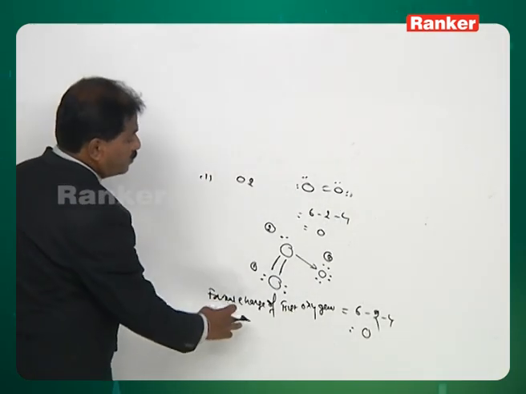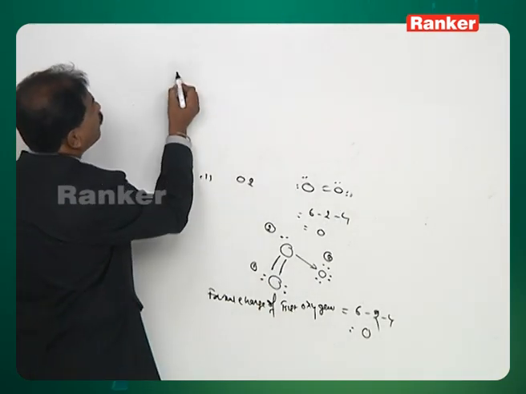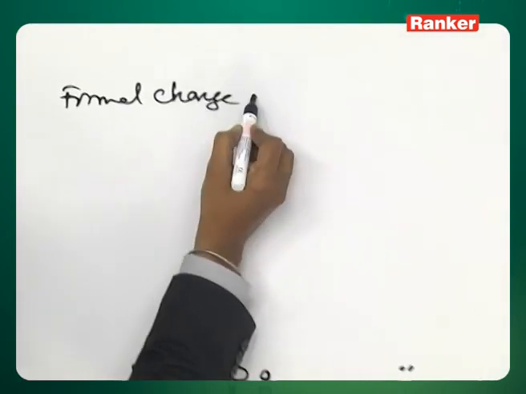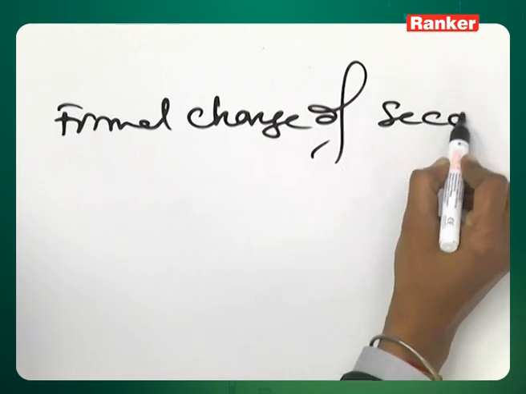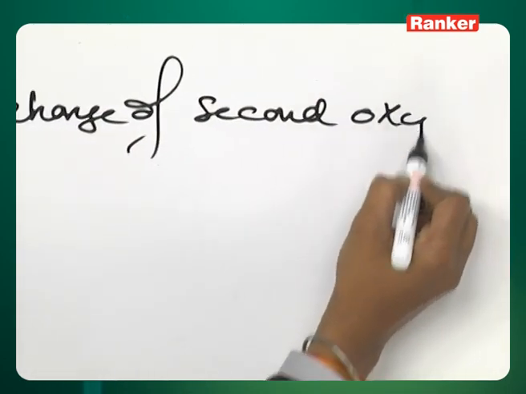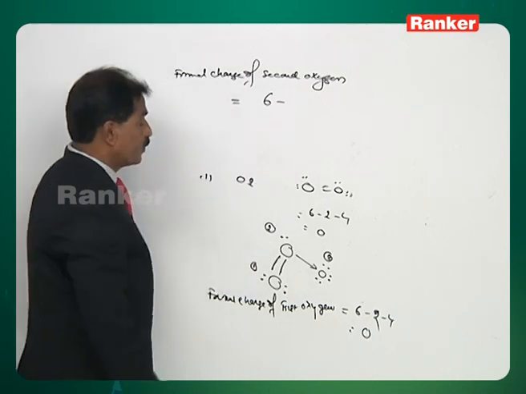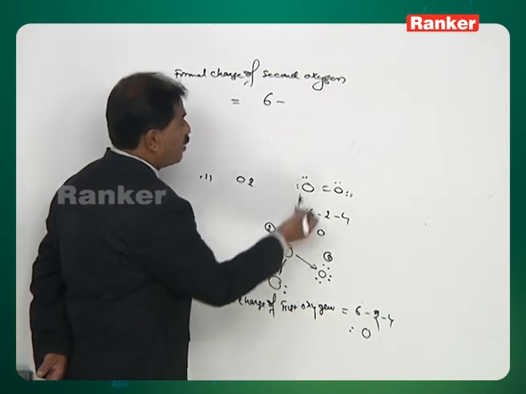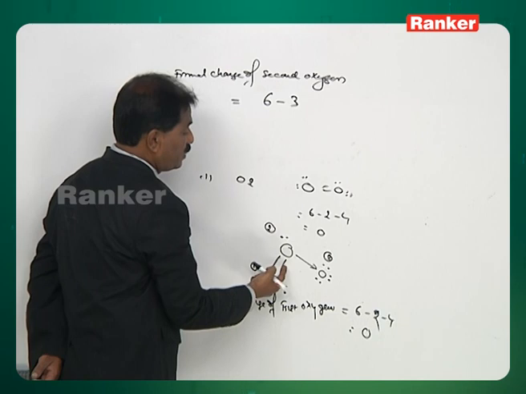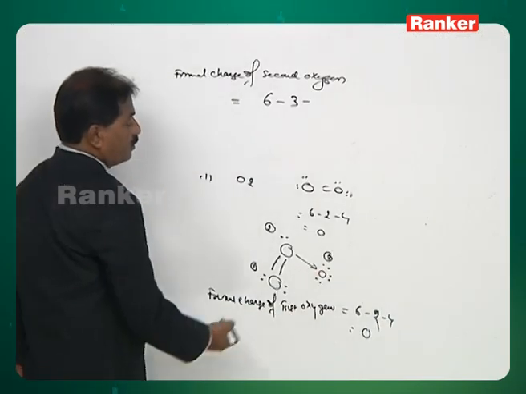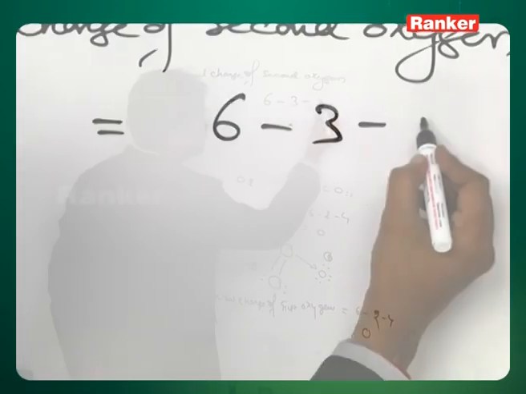Next, formal charge over the second oxygen. Number of electrons in the valence shell. Next, number of electrons contributed for bond formation. Here 1, here 1, here 1, next 1. Next here 2 electrons.